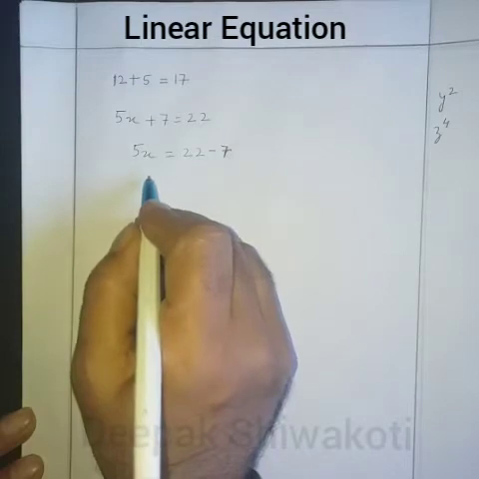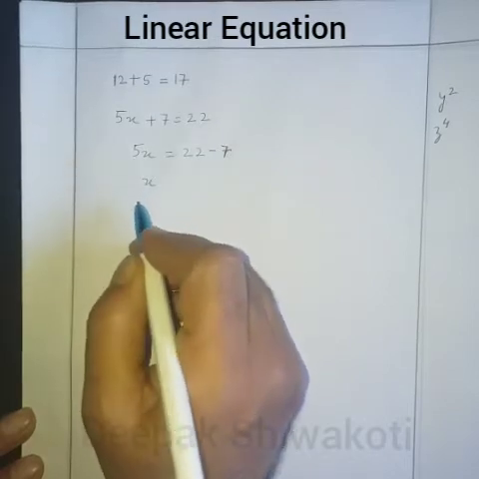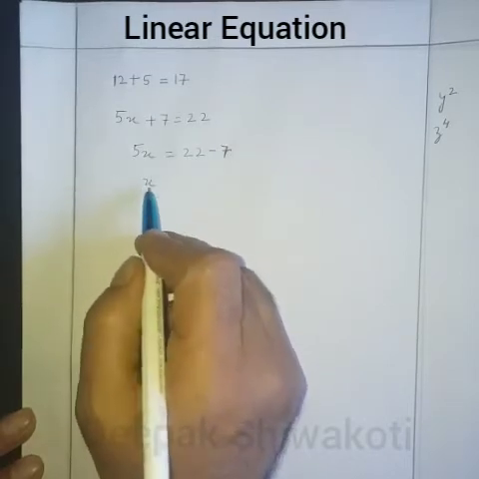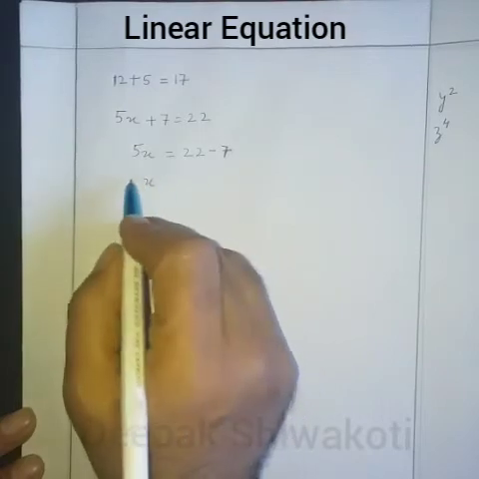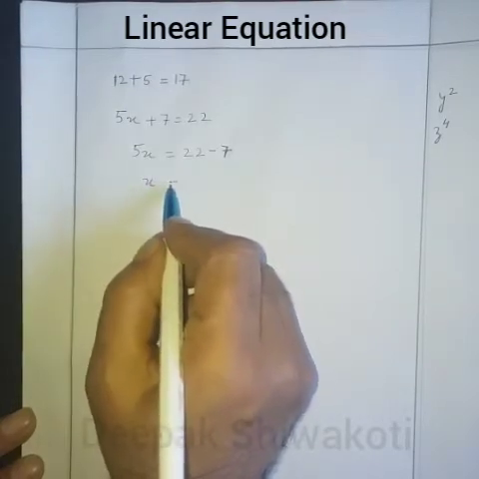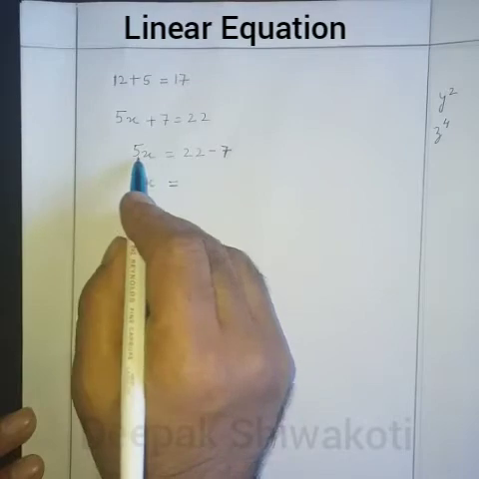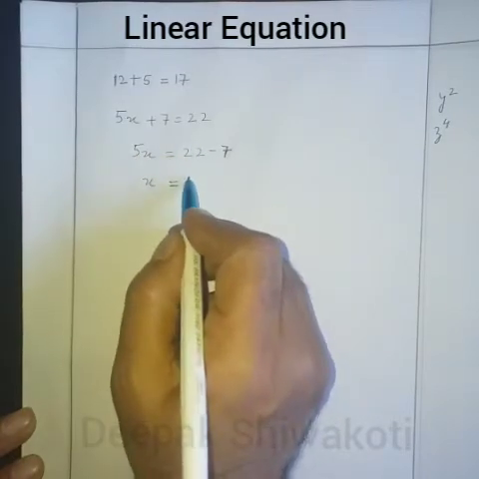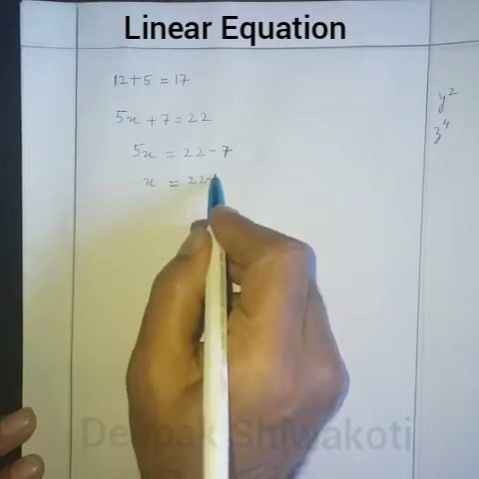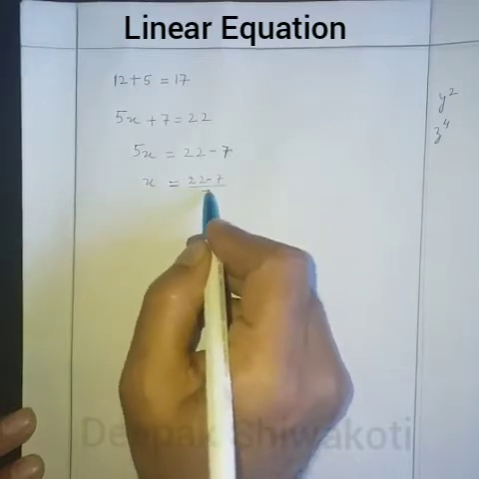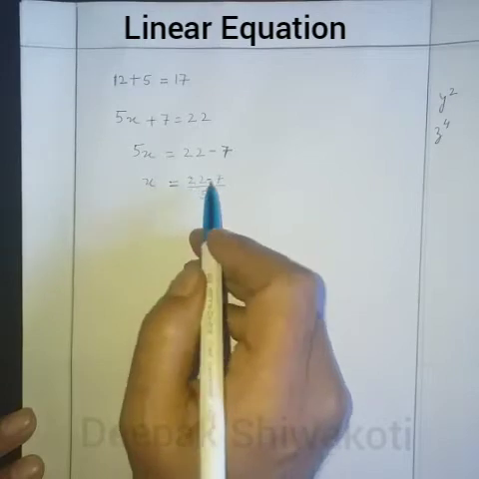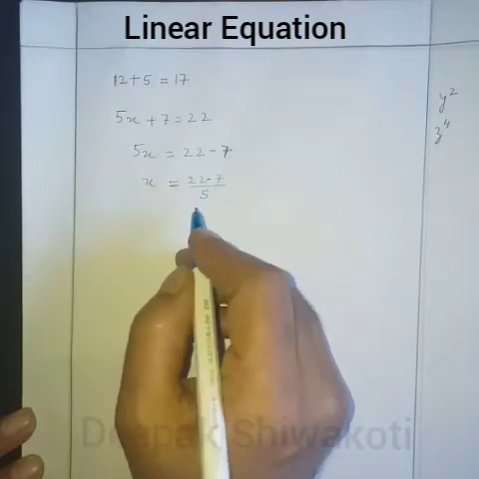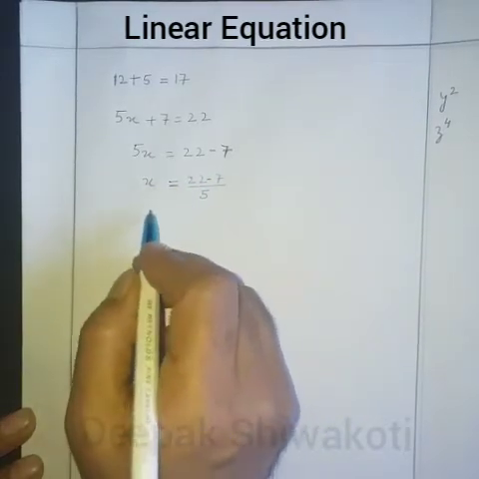Now x, we are finding the value, so we are trying to make it alone. On the left hand side x will stay, and 5, as it is multiplying with this, when it changes its position to the right hand side, then it will divide. Now this is a simple calculation to get the value of x.